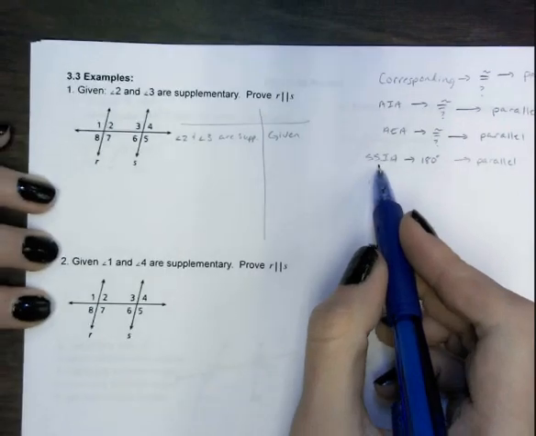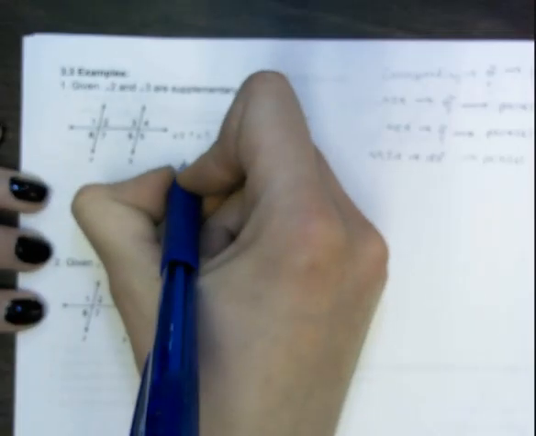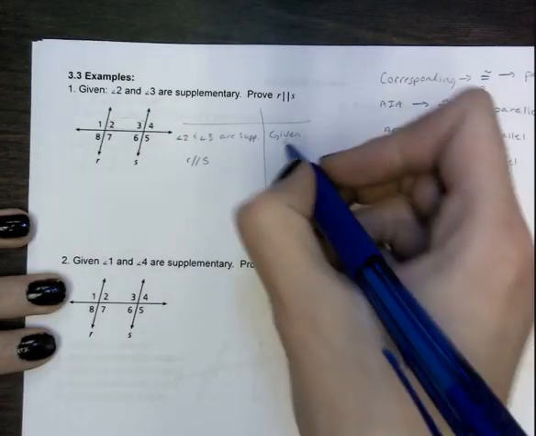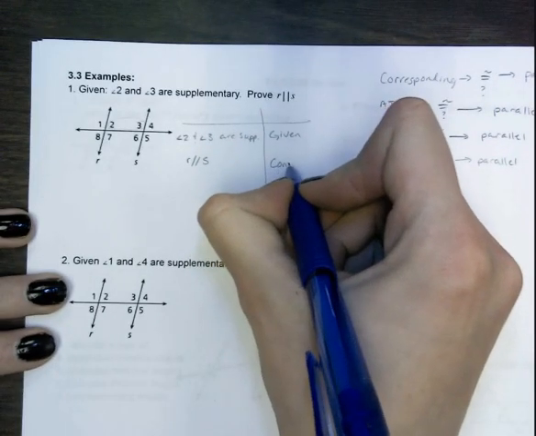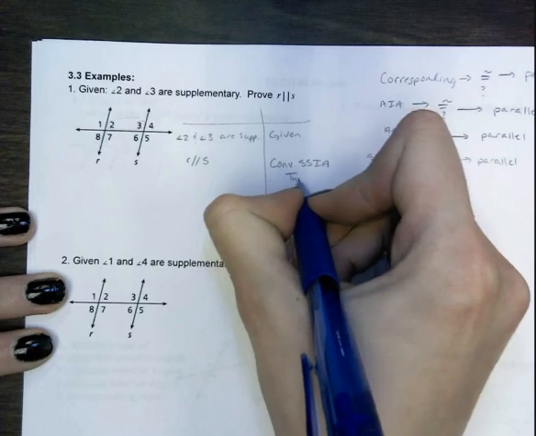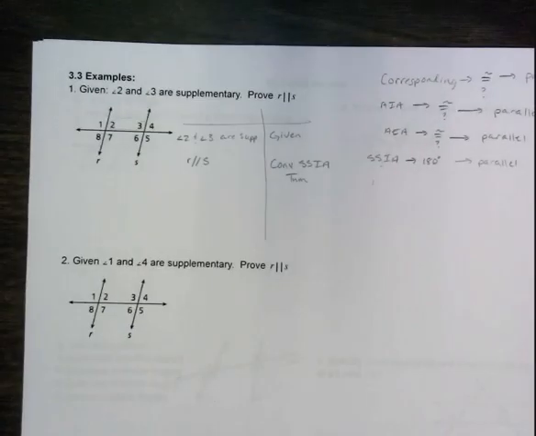Well, if that relationship exists, the lines have to be parallel. So R has to be parallel to S. And the reason is this is the converse of the same side interior angle theorem. And that's it. Nice, short, and sweet.